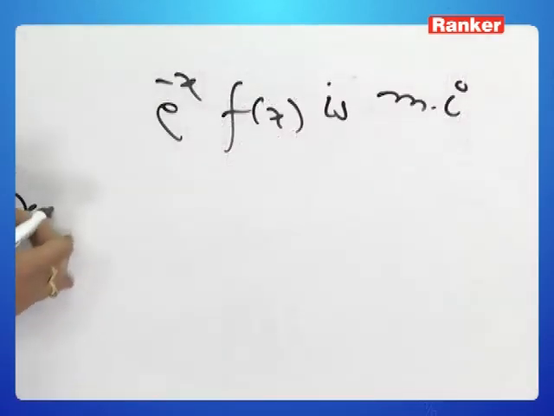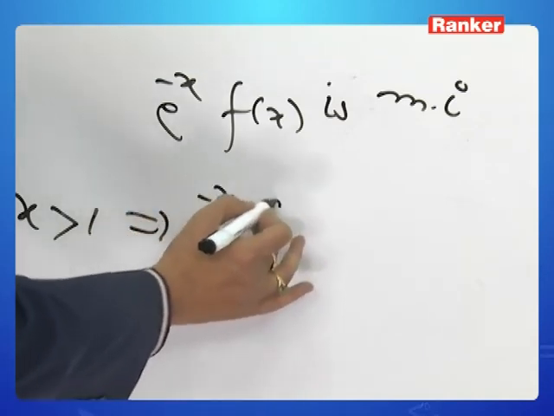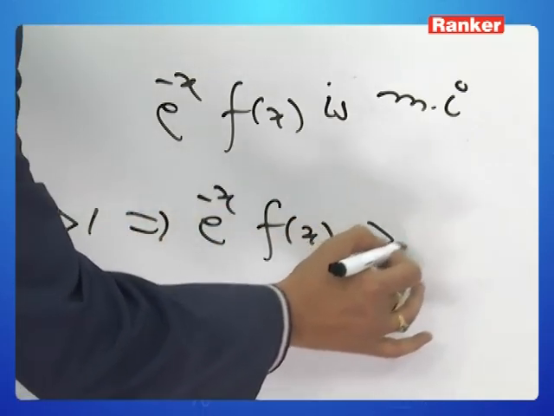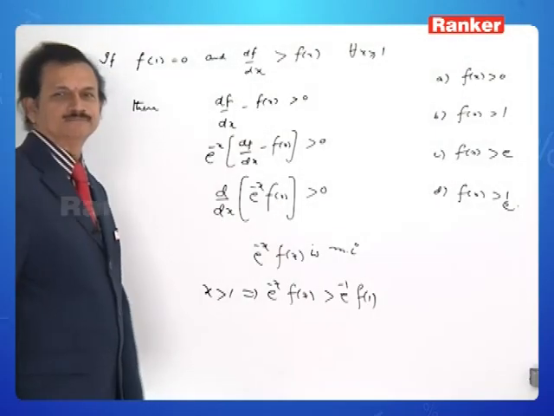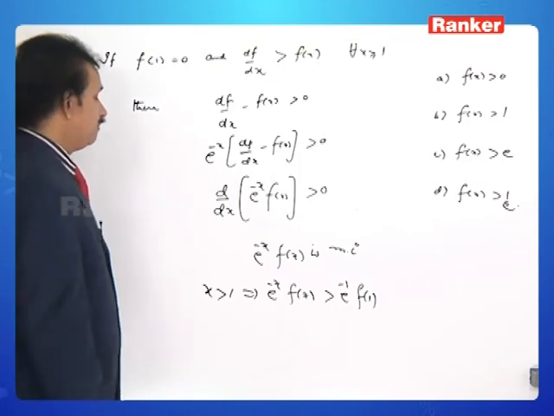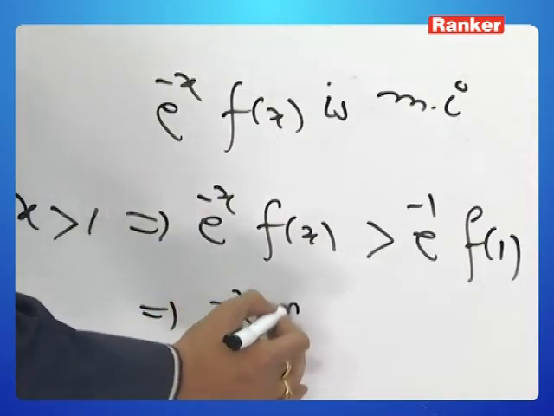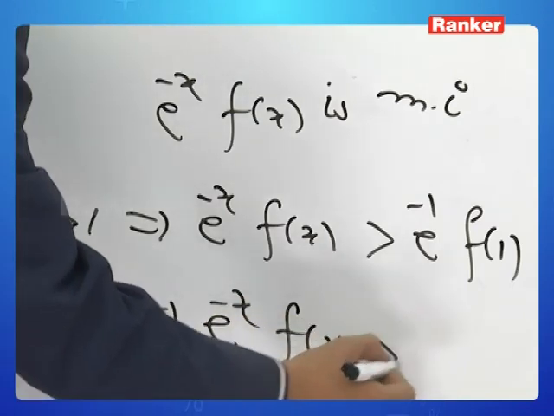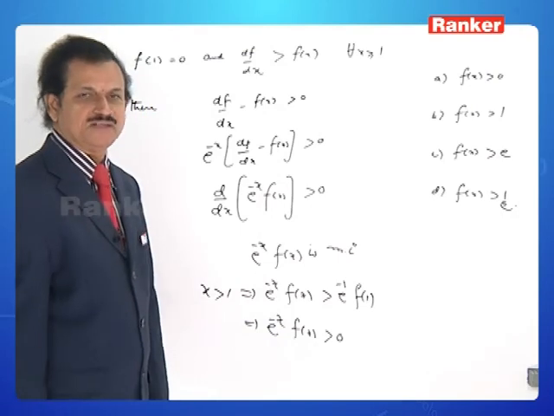Well, take x equal to 1, e power minus 1 and f of 1 is 0. Therefore, x greater than 1 implies e power minus x into f of x is greater than e power minus 1 into f of 1. But f of 1 is 0, which implies e power minus x into f of x is greater than 0. But you see, e power minus x is absolutely a positive number.